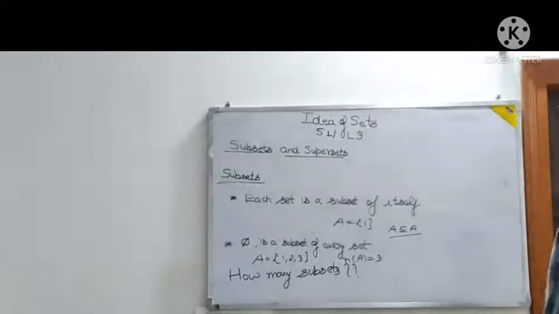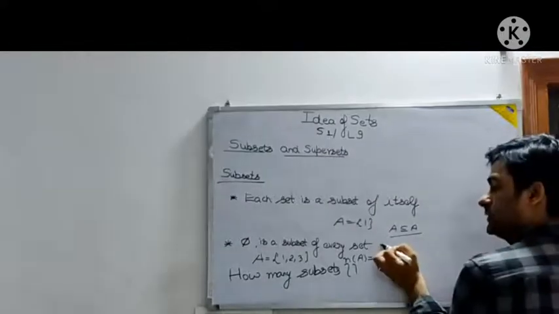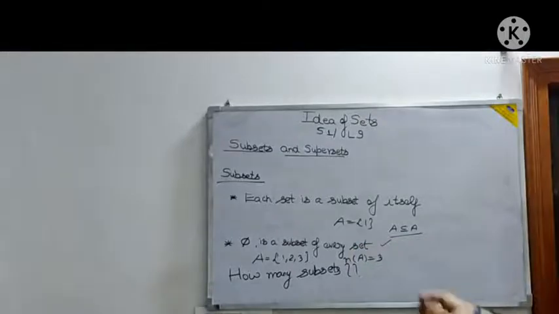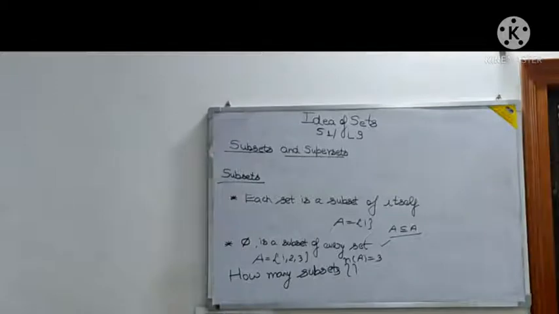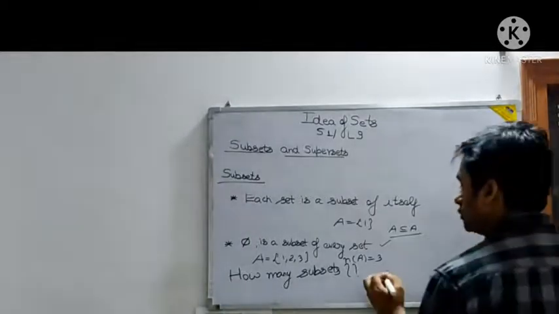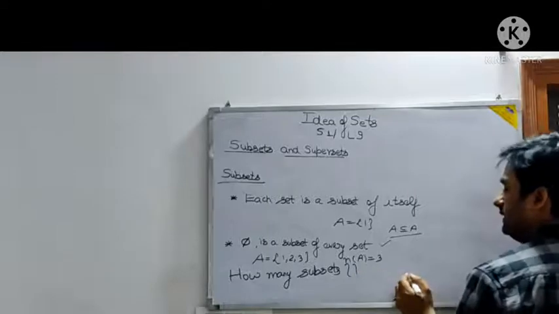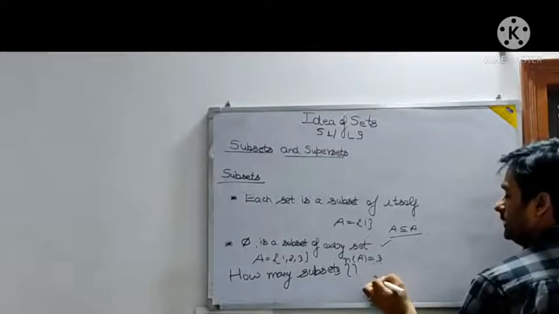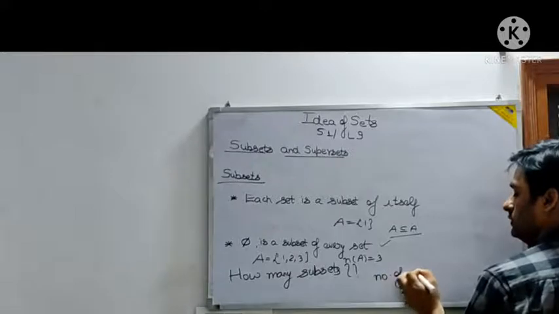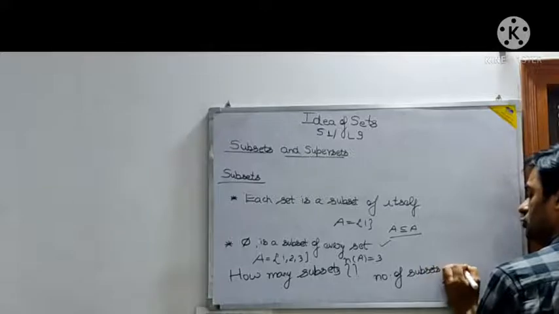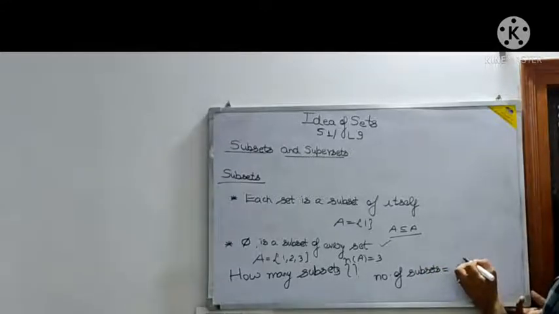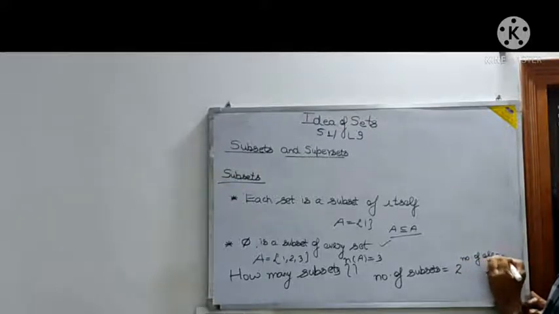You know that phi is a subset of every set, and every set is a subset of itself. That means the number of subsets is equal to 2 raised to the power of the number of elements in a set.